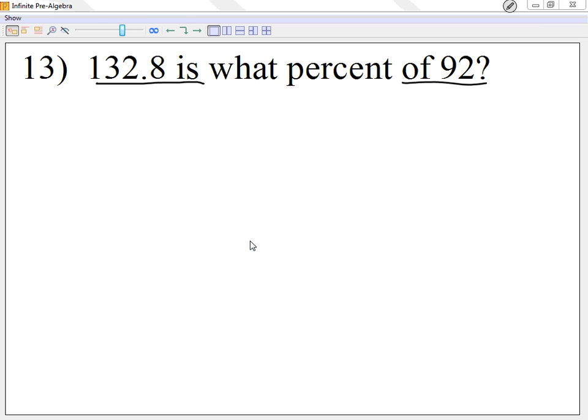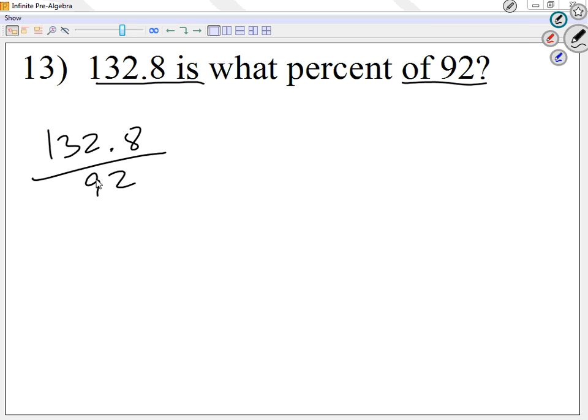I know the "is" goes on top, so I have 132.8 divided by 92. Once again, the "is" is what goes on top. So let me go 132.8 divided by 92. The decimal that I get is 1.44.